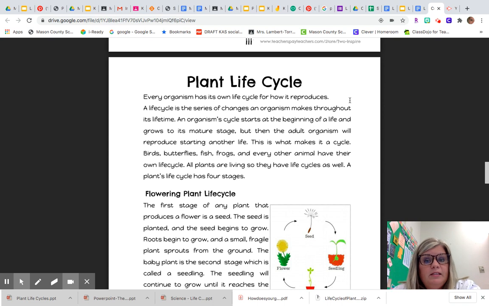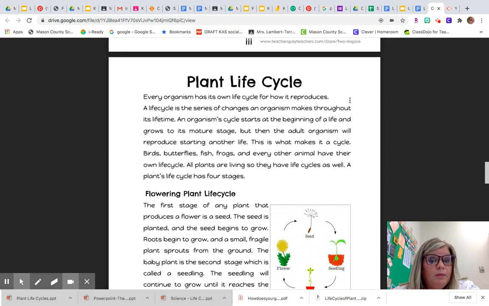Every organism has its own life cycle for how it reproduces. A life cycle is the series of changes an organism makes throughout its lifetime. An organism's cycle starts at the beginning of a life, so when something is born or when there's a seed, and grows into its mature stage. But then the adult organism will reproduce by starting another life.